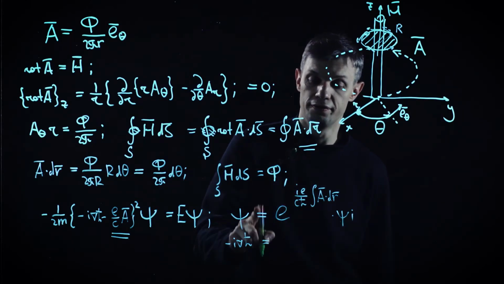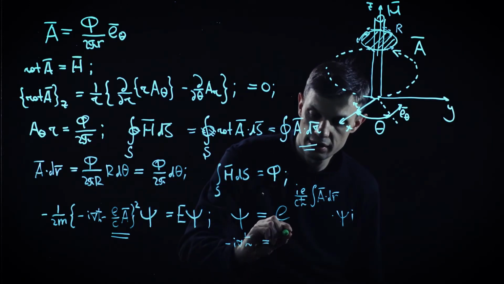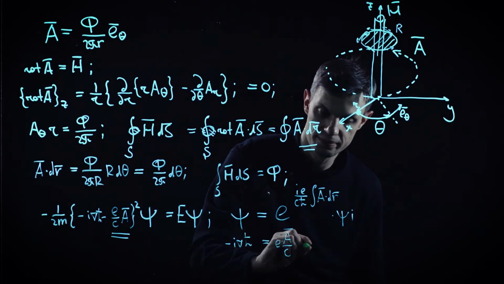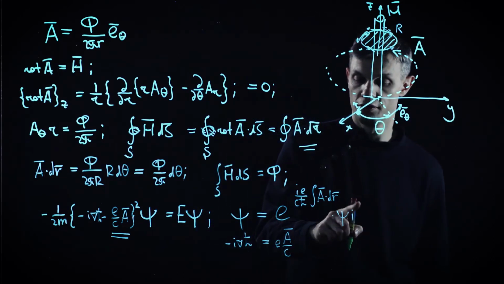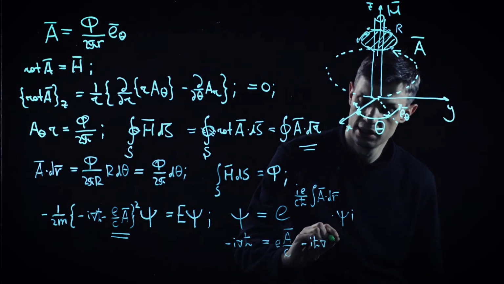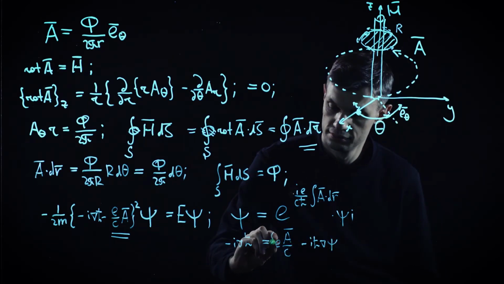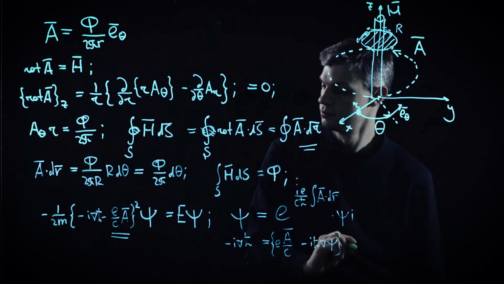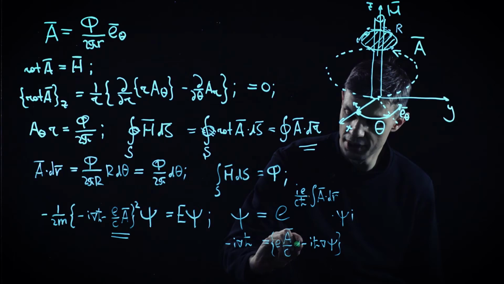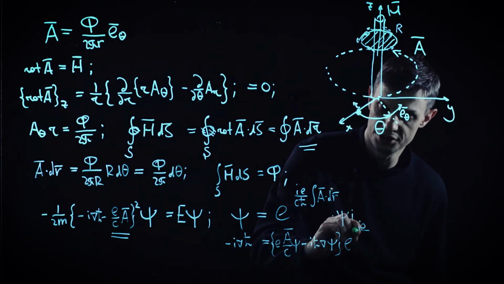So the derivative of the exponential simply gives you a times e over c h bar, and the derivative of psi gives us minus i h bar gradient of psi, multiplied by the same exponential.